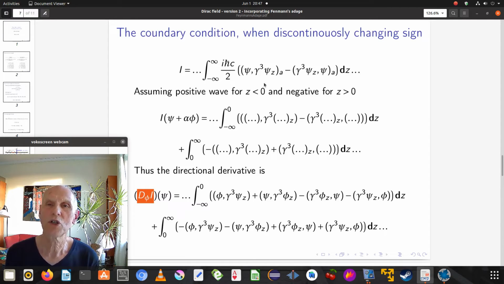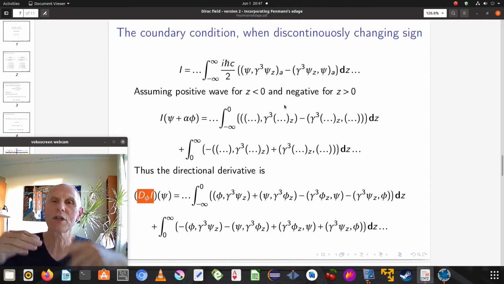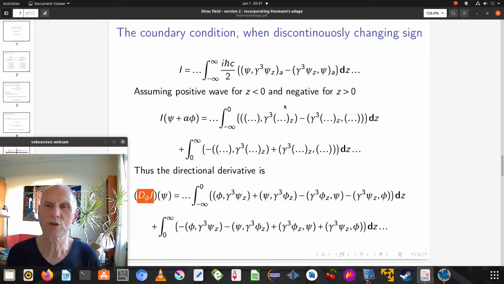Obviously, we cannot assume that the wave is continuous across the boundary. So we open up for some discontinuity, some boundary condition, and that boundary condition should hold for both psi and the variation. So to find the directional derivative, we first compute this.